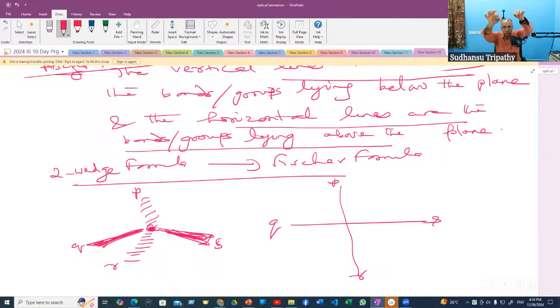Now, if we keep like this, the green is towards you, that is P, and the red is above, towards me, above the vertical plane, which is Q, and S is also above the plane towards me, and R is below the plane towards you.